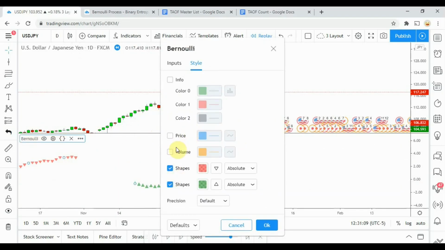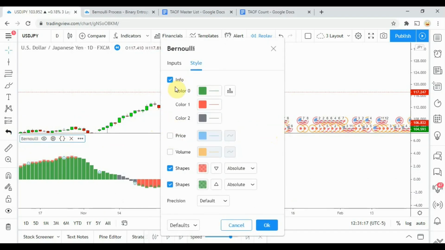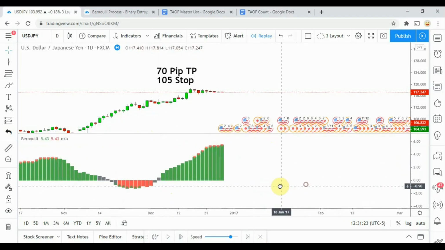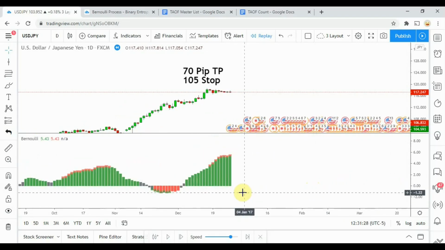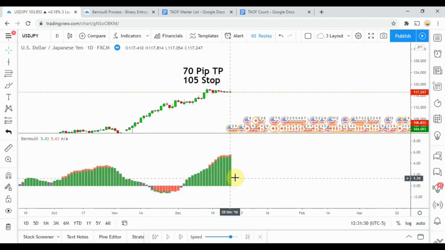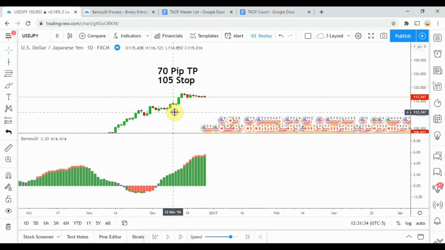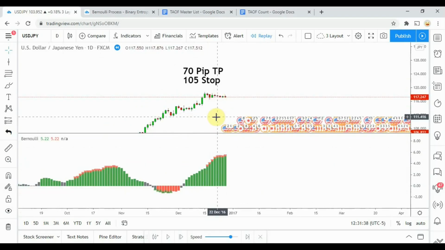But I feel like having the histogram adds a little bit more information to the chart, so it's logical to keep it in place. With that being said, let's get on with the testing process and see what we can get out of this indicator.